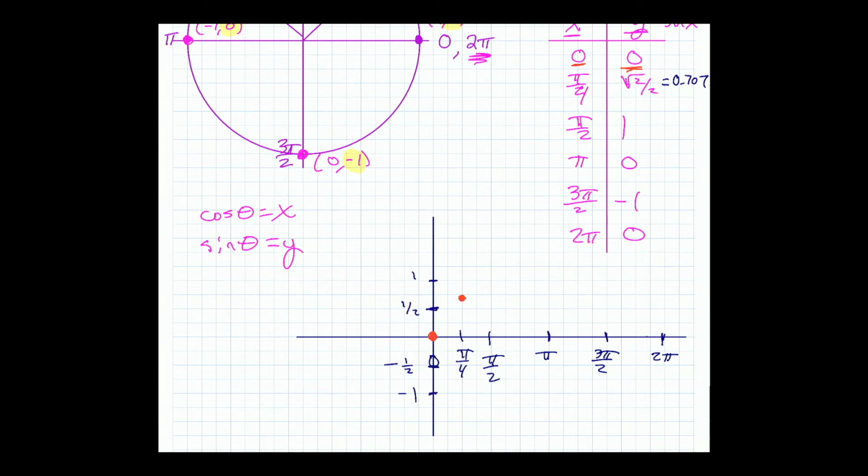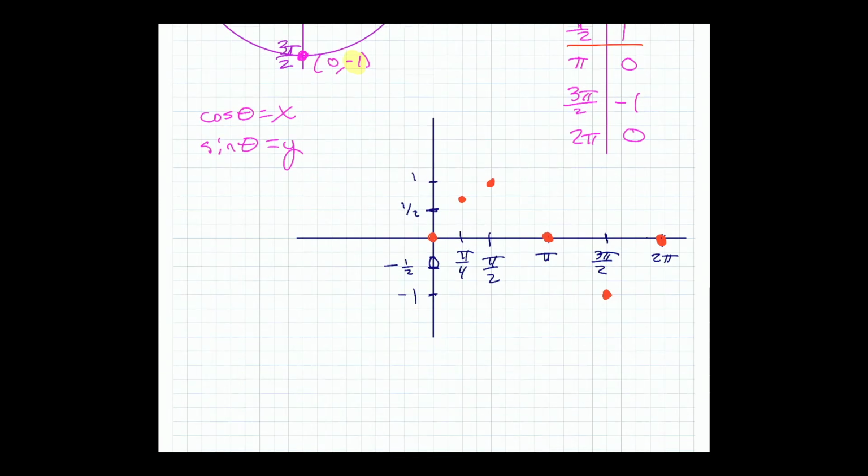Just above that is 0.75. Then we have pi over 2, comma 1, right here. Then pi, comma 0, right here. 3 pi over 2, comma -1, down here. And then 2 pi, comma 0, right here.